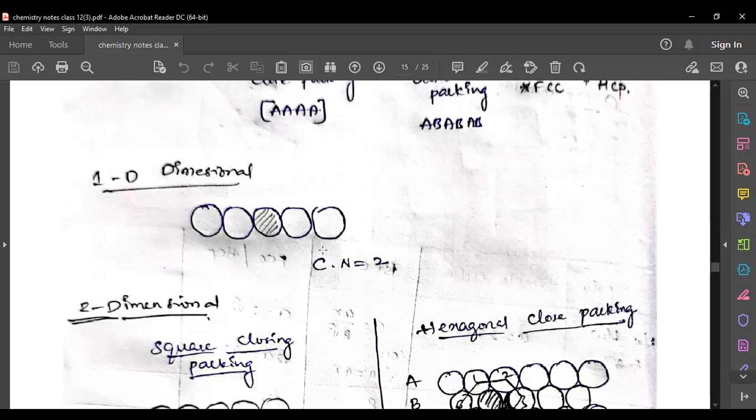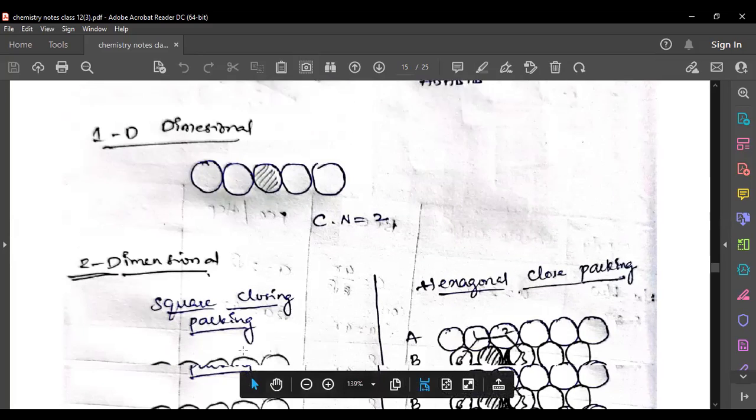Two other atoms. Good. This directly touching number is called the coordination number. Coordination number is nothing but the number of nearest atoms around the given atom. So in the case of one dimensional, the coordination number is 2.